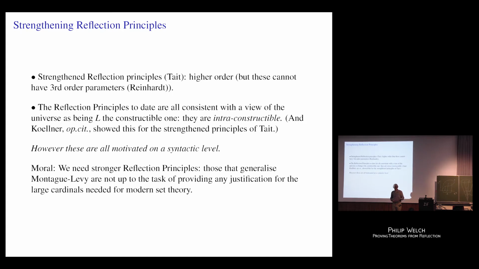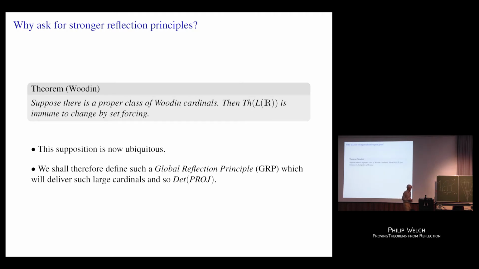So if we're going to get anything more out of this ineffability and reflection idea, something has to give. We have to think of something slightly more sophisticated. The reflection principles generalizing Montague-Levy aren't up to the task of justifying the large cardinals we want.